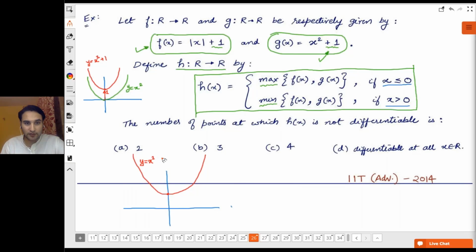All of you know plus 1 has shifted up by 1. This point is 1. Then y is equal to mod x. So all of you know the graph of mod x again. So this is the graph of mod x. Right? This is the absolute function of x. Now if I plot its graph plus 1, it will be like this.